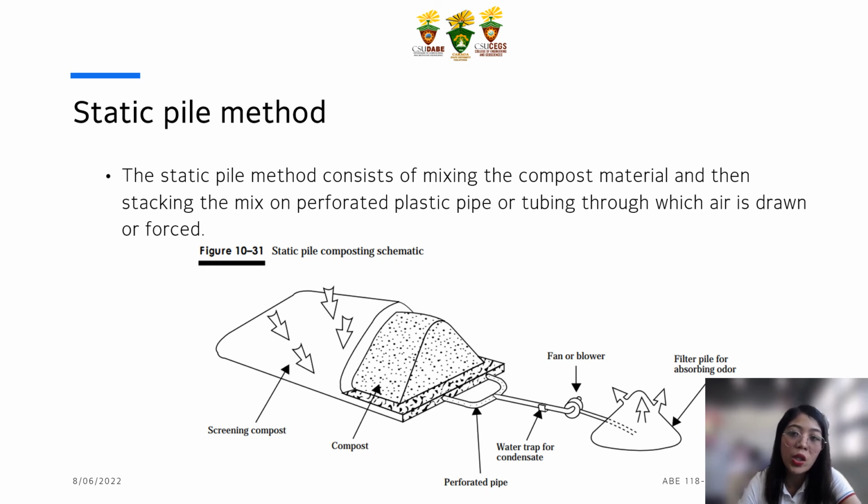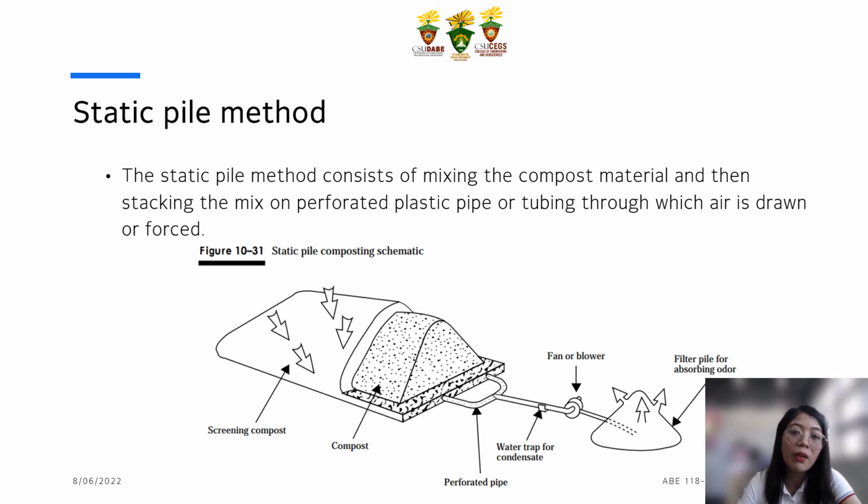So, the dimensions of the static pile are limited by the amount of aeration that can be supplied by the blowers and the stacking characteristics of the waste. Compost mixture height generally ranges from about 8 to 15 feet, and the width is generally twice the depth.